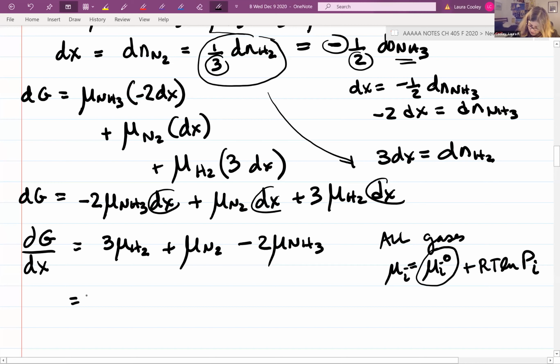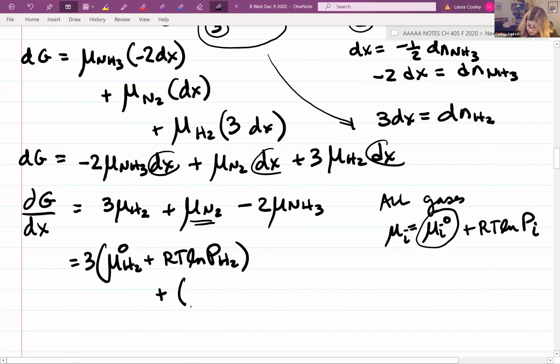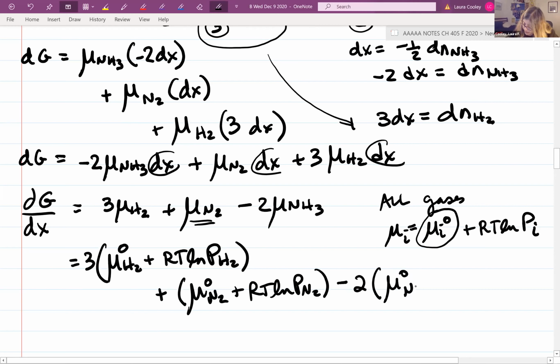So this will be 3 mu H2 zero plus RT log of the pressure of H2, plus, for nitrogen, mu zero, minus the mu zero for ammonia plus RT log of the partial pressure of ammonia.